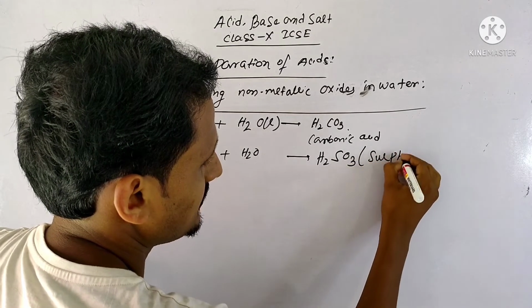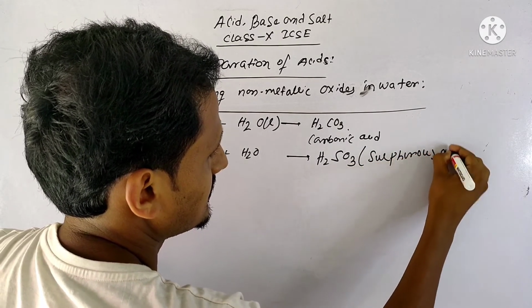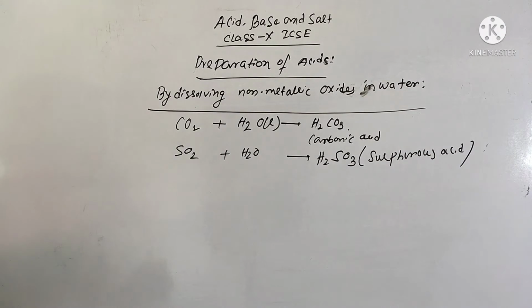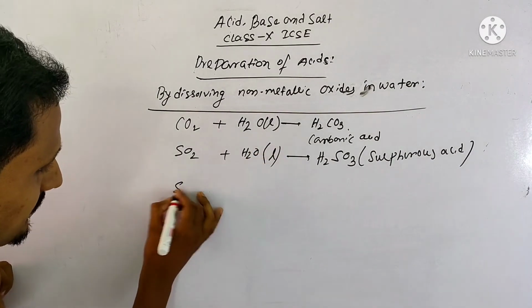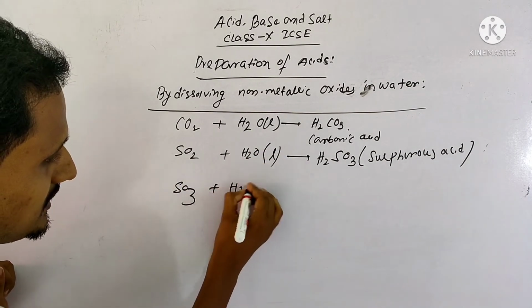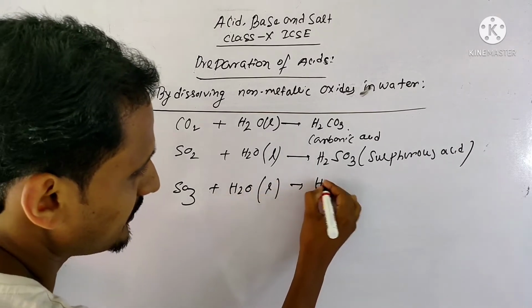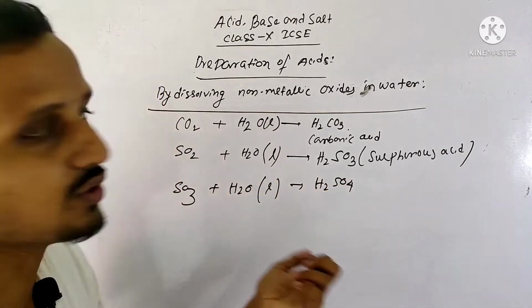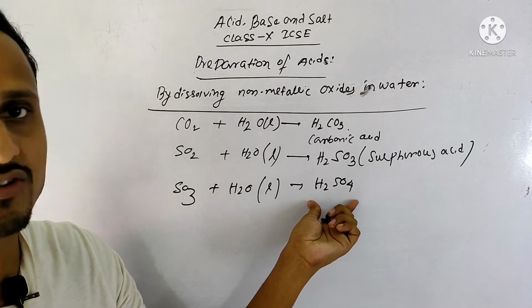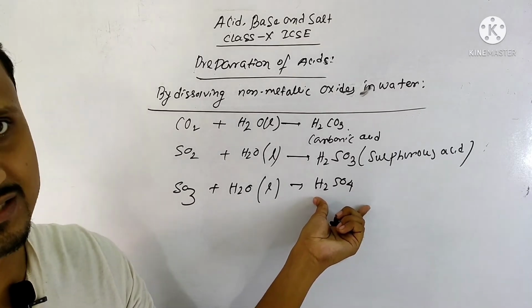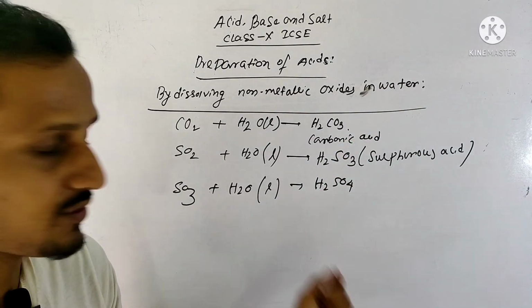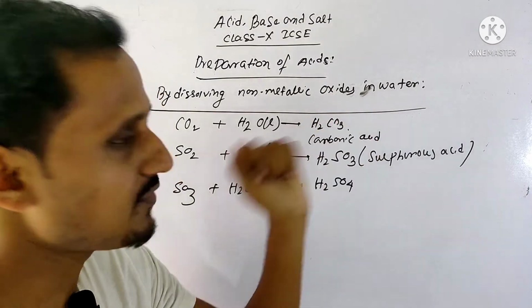Likewise, if sulfur trioxide reacts with water, it will form sulfuric acid. We know that sulfuric acid is a very concentrated acid, but it is an oxo acid. These are all oxo acids because of the presence of oxygen.